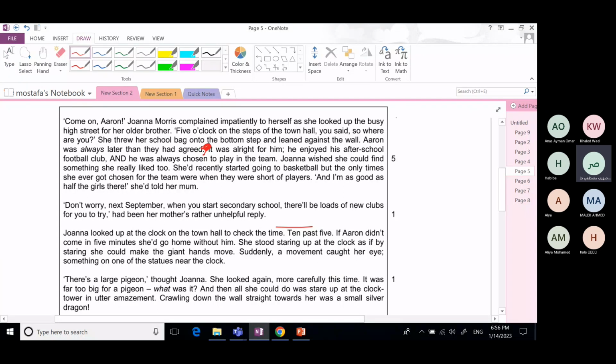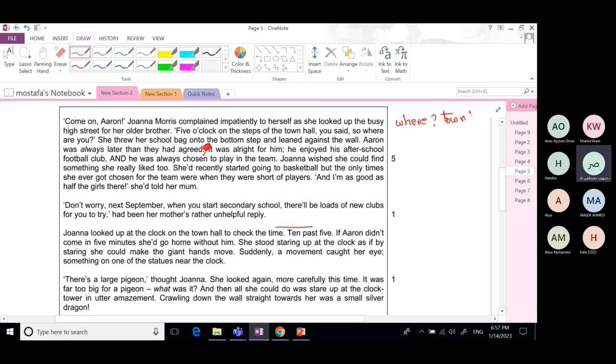The first question we agreed to ask here: where did the story happen? In which place is the character waiting? I think it's a high street with her brother. Yes, it's in the street at the town hall. Exactly.